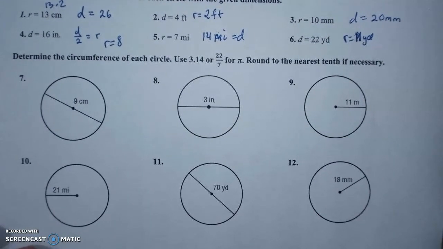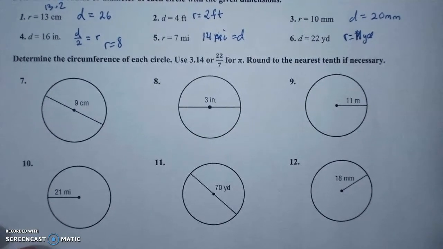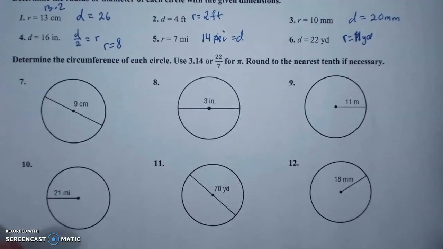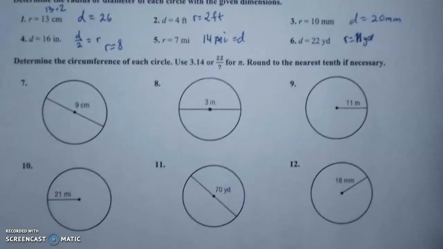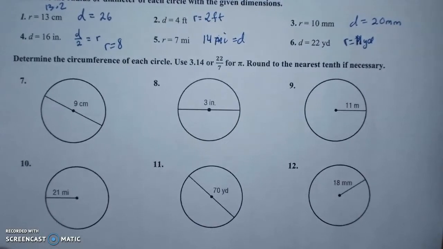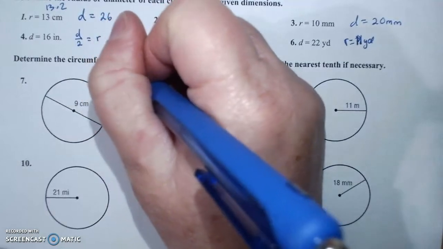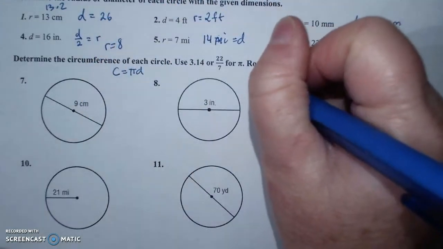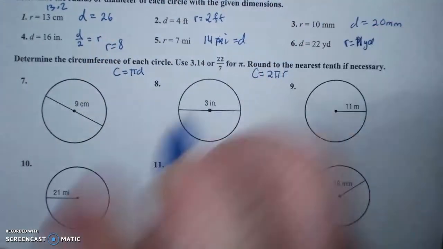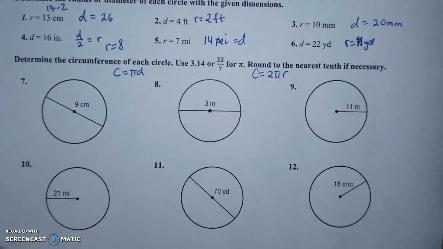Determine the circumference of each circle. Use 3.14 or 22/7 for pi. Round to the nearest tenth if necessary. So I'm going to let you know that there are going to be some ways to write this. I'm going to write c equals pi d or c equals 2 pi r. Those are my formulas.